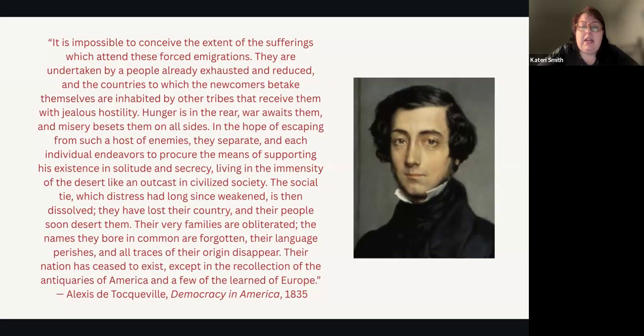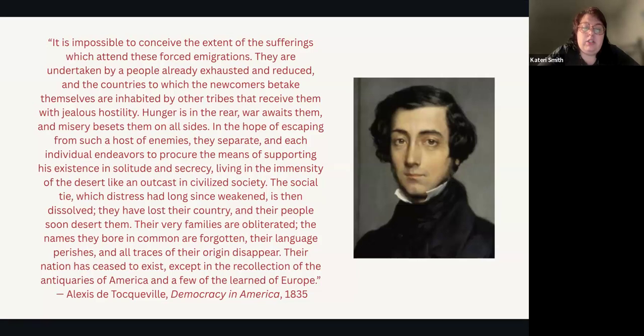He says it is impossible to conceive the extent of the sufferings which attend these forced emigrations. They are undertaken by a people already exhausted and reduced, and the countries to which the newcomers betake themselves are inhabited by other tribes that receive them with jealous hostility. Hunger is in the rear, war awaits them, and misery besets them on all sides. In the hope of escaping from such a host of enemies, they separate, and each individual endeavors to produce the means of supporting his existence in solitude and secrecy, living in the immensity of the desert like an outcast in civilized society.